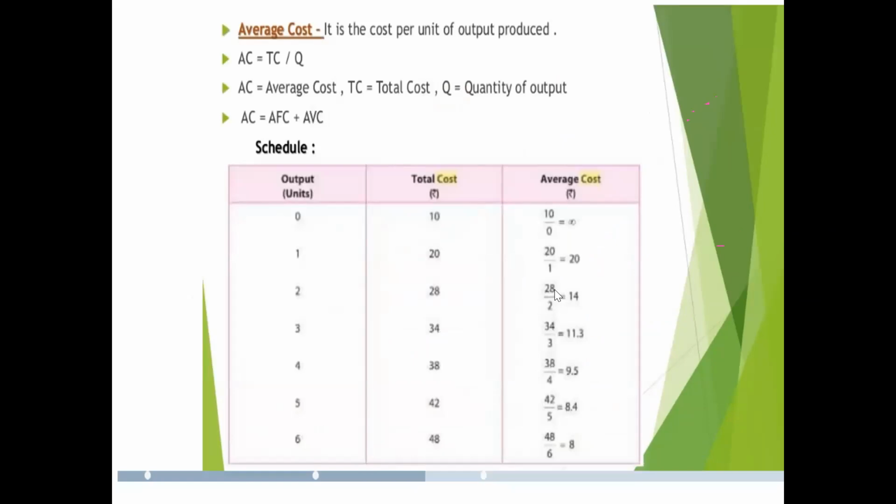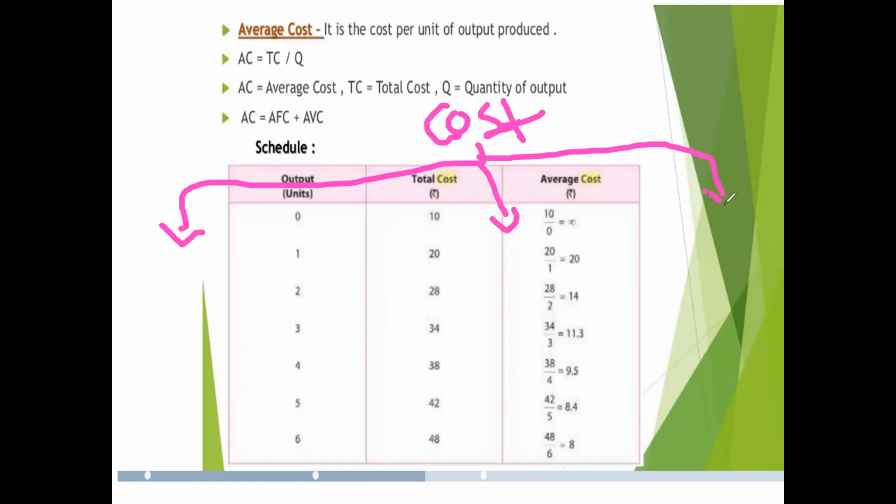Then under the cost theory, or the cost concept, we have to focus on these three basic concepts. The first one is the total cost.